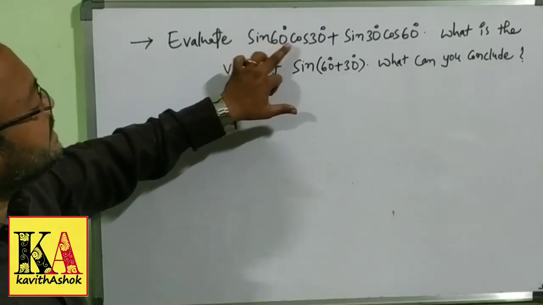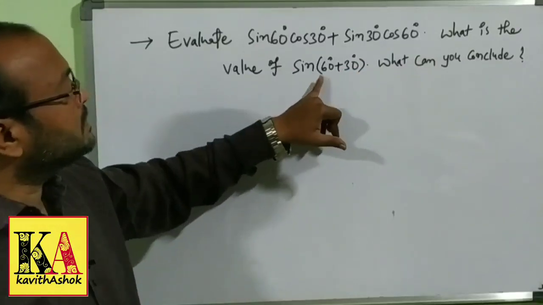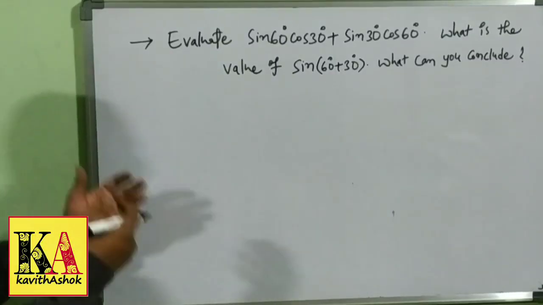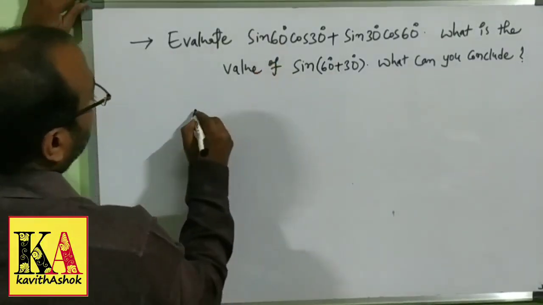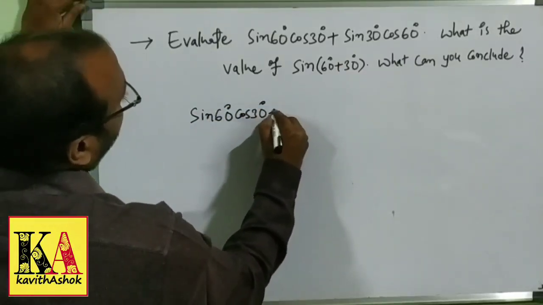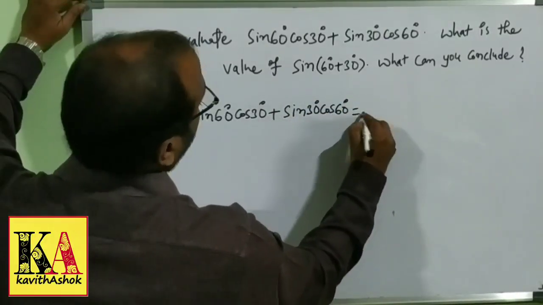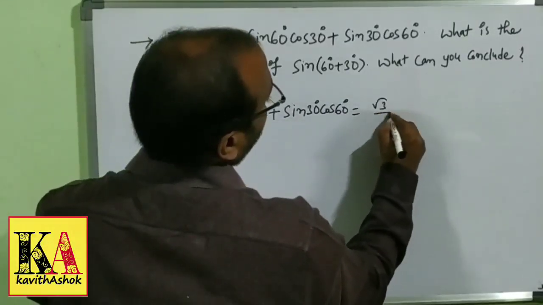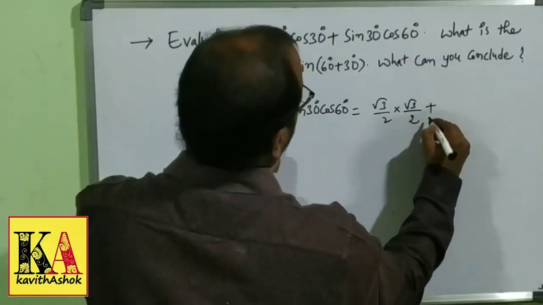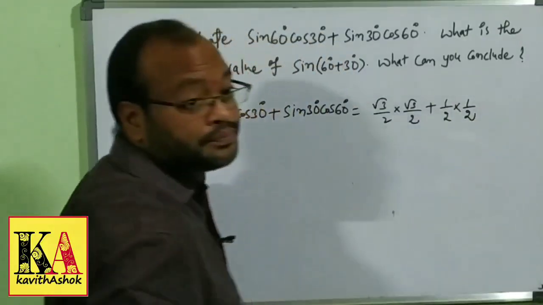Evaluate sin 60 degrees cos 30 degrees plus sin 30 degrees cos 60 degrees. What is the value of sin of 60 plus 30 degrees? What can you conclude? Before concluding, we have to find out. Sin 60 degrees cos 30 degrees plus sin 30 degrees cos 60 degrees: sin 60 is root 3 by 2, into cos 30, which is again root 3 by 2, plus sin 30 is 1 by 2, cos 60 is also 1 by 2.